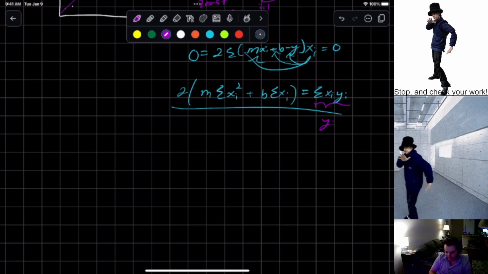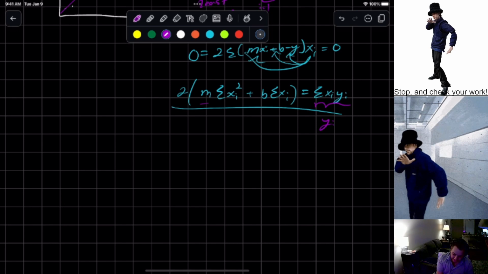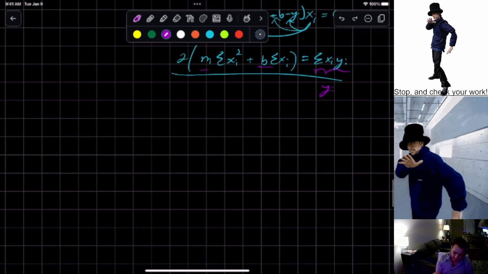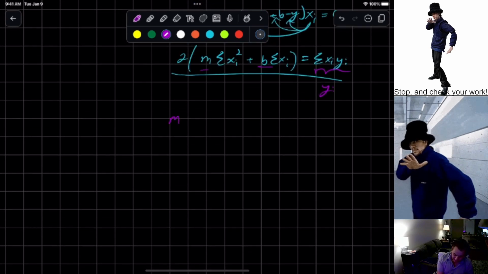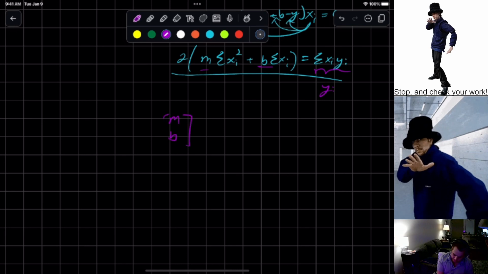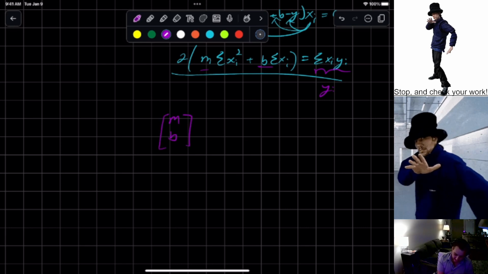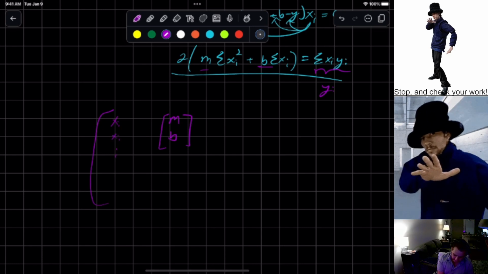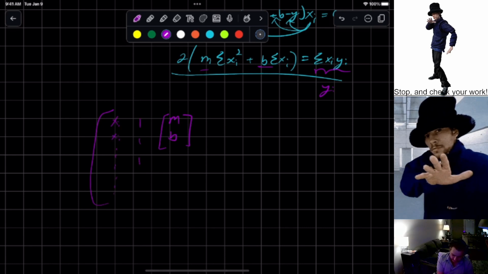So knowing that it's just xi, we can start to build this design matrix that we want to have, like we did for the first one. We have 2 constants, m and b. We have m and b, and then we just have these values of xi, and then 1s.